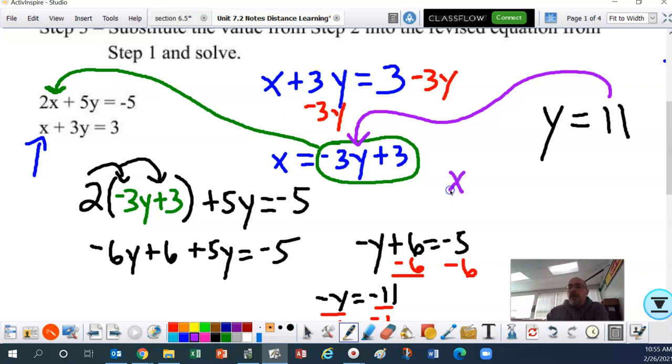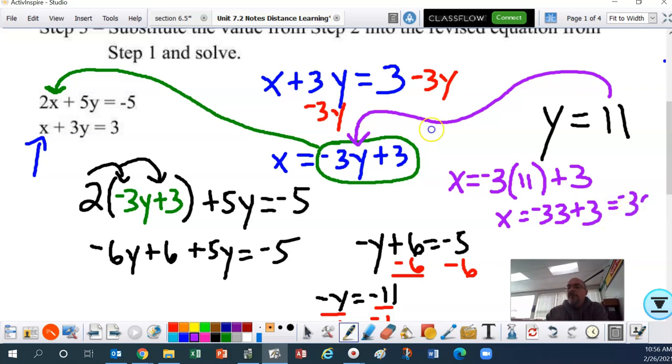So I'm going to take x equals negative 3, I'm going to replace the y with 11, plus 3. That means x equals negative 33 plus 3, which is negative 30. So x equals negative 30.